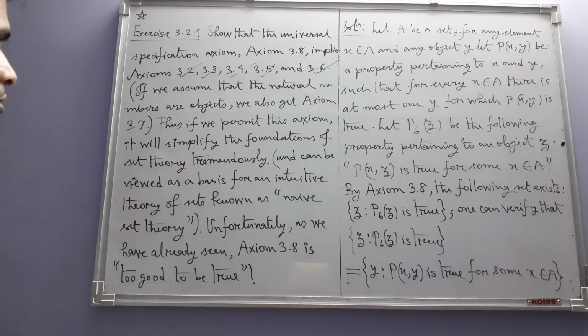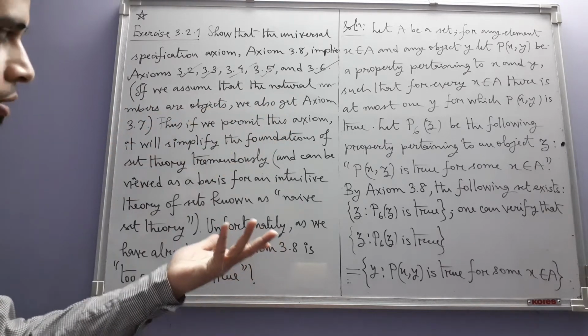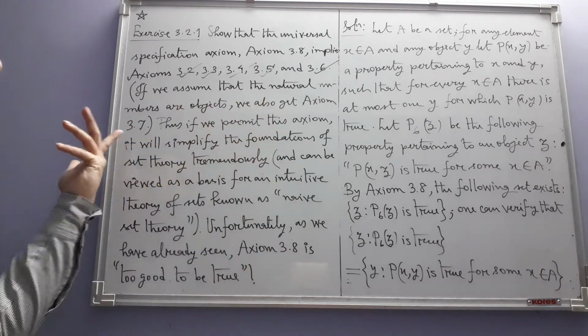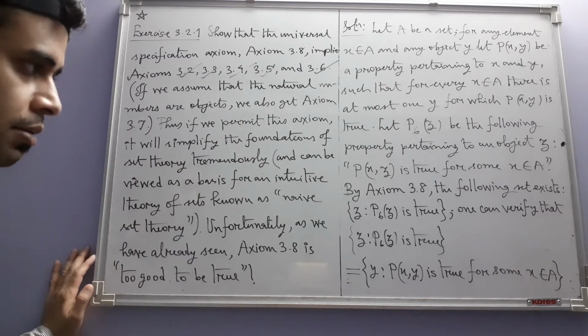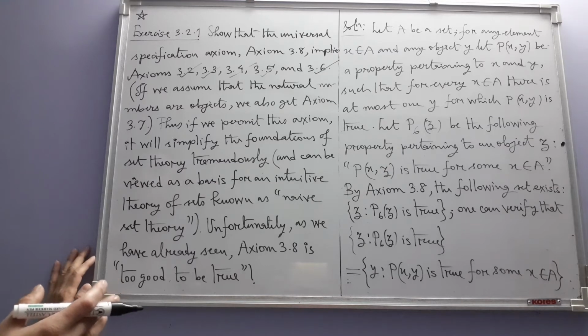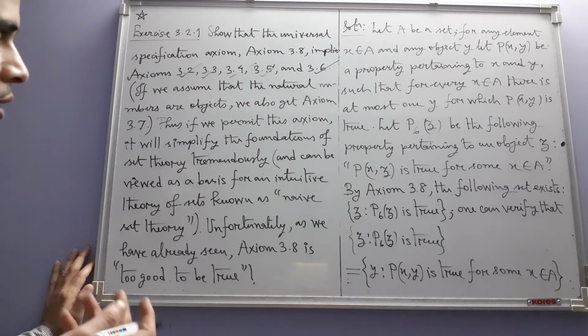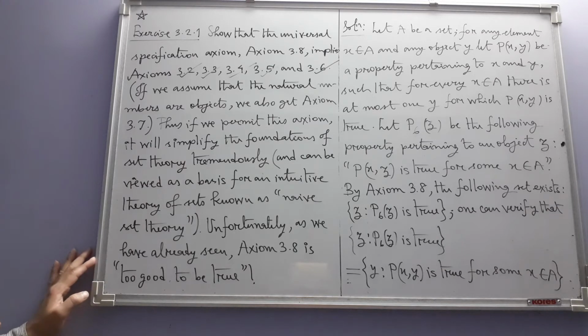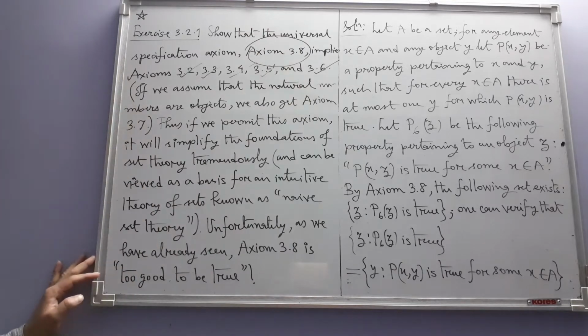And if you assume that natural numbers are objects in set theory, then clearly you also get axiom 3.7 by defining the property that for a given object z is a natural number. Then you can get the set of all natural numbers as a consequence of axiom 3.8.